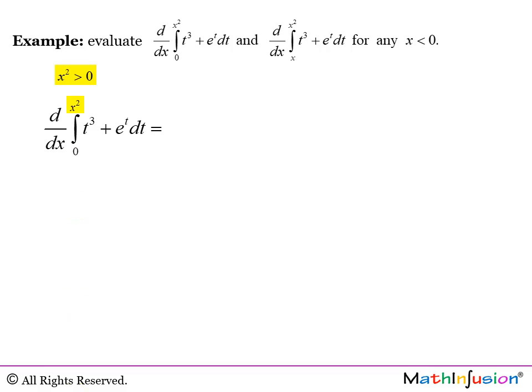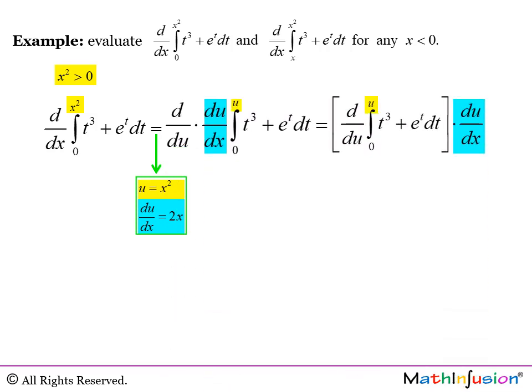So let's now do what we did before. We're going to do u substitution. u is x to the power of 2 and du dx is 2x. So we are replacing d dx by d du times du dx, and also we have u instead of x to the power of 2. Now we are going to apply the theorem.